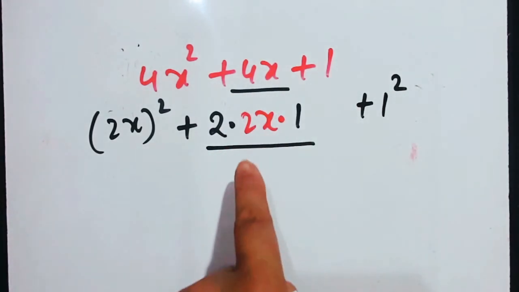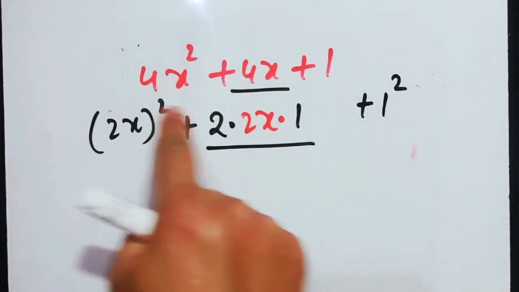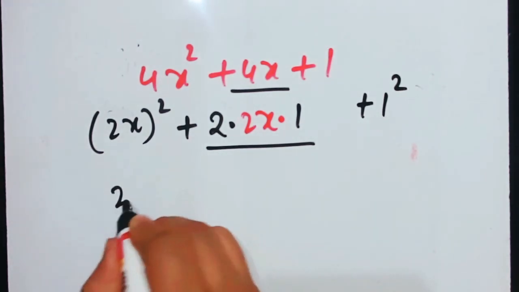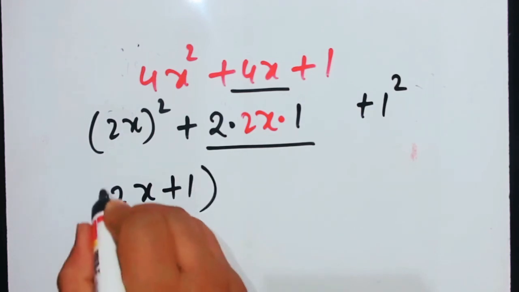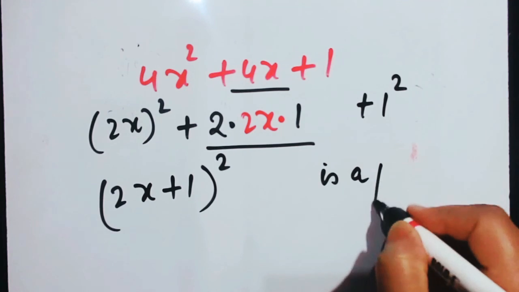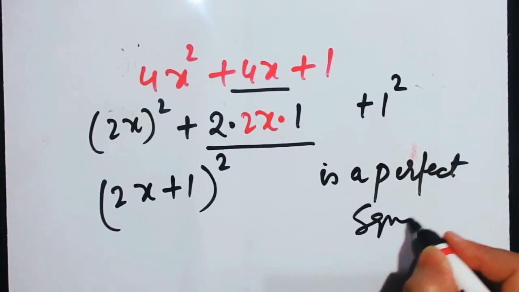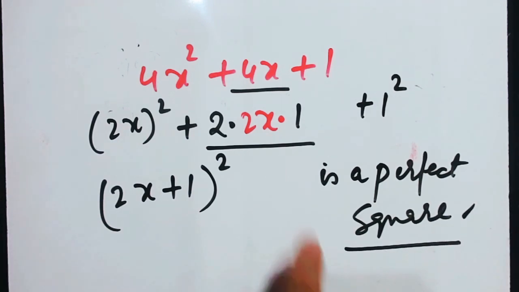So I find that since both the values are the same, this whole can be put in the form a plus b whole square. Therefore this will be equal to 2x plus 1 whole square, a perfect square. Even if you do not write it, it is understood that this is a perfect square.